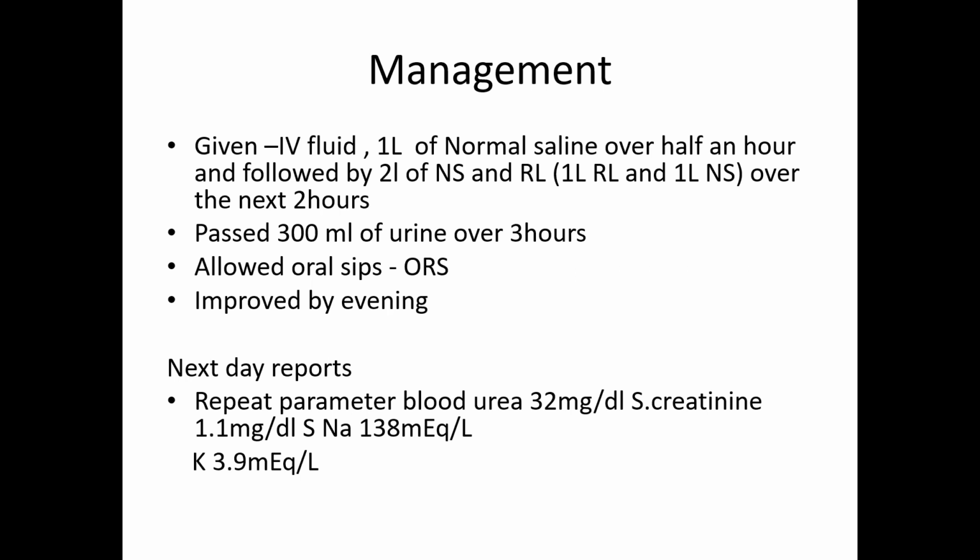His condition improved by evening. His serum creatinine came back to 1.1 milligram per deciliter. This case is an example of a patient who had pre-renal AKI, and timely intervention saved the kidneys and life in this patient.